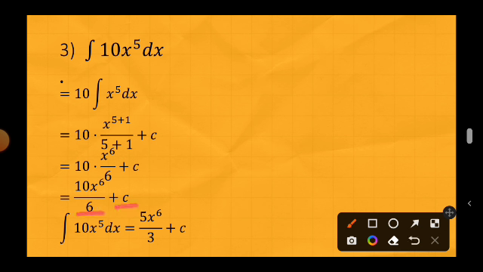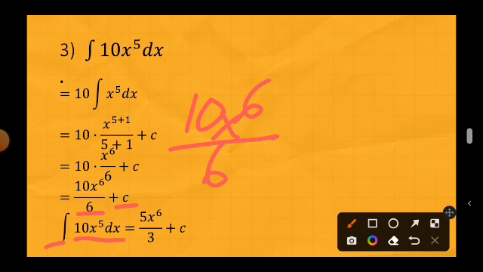Therefore, the indefinite integral of our function 10x raised to 5 dx is equal to 5x raised to 6 over 3 plus c, because we have 10x raised to 6 over 6.